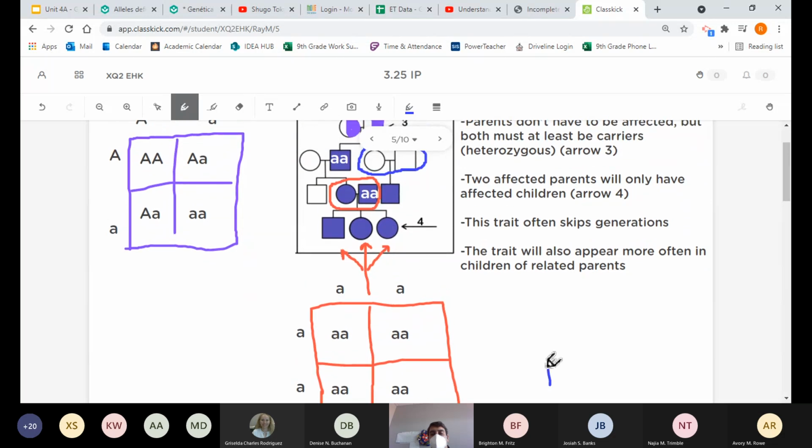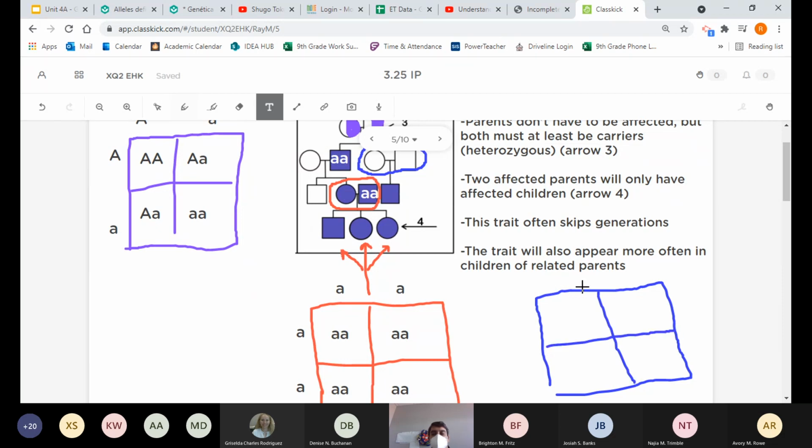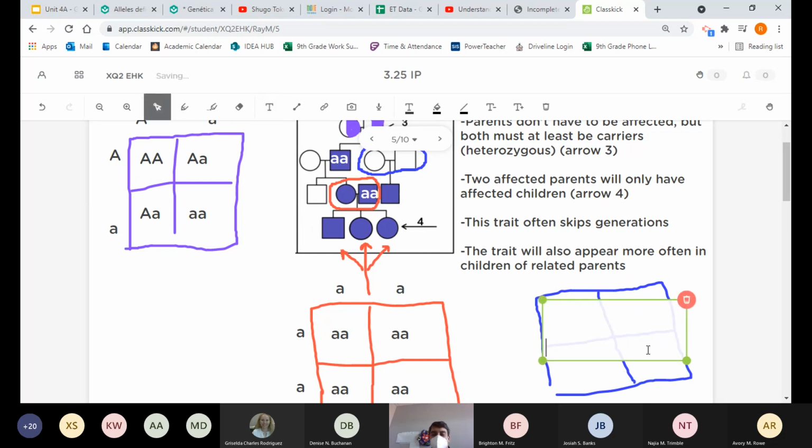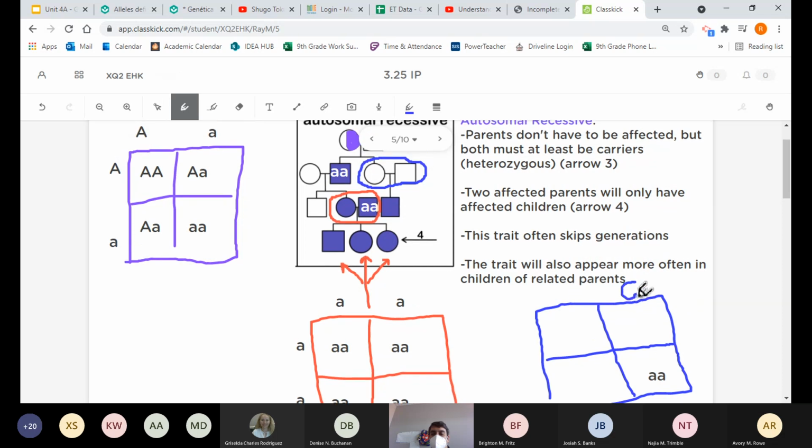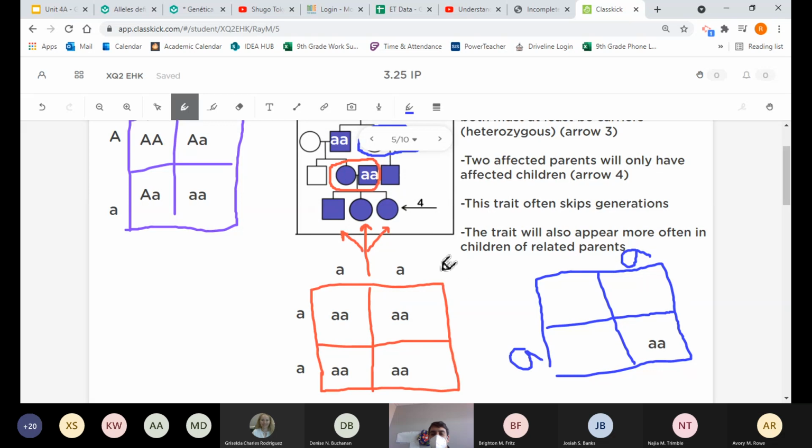So that means if that boy has the recessive alleles, that means that you're going to have at least one recessive allele here, one recessive allele here.